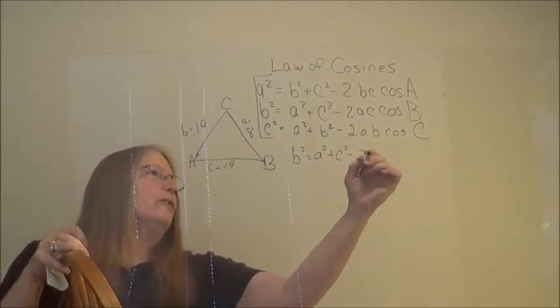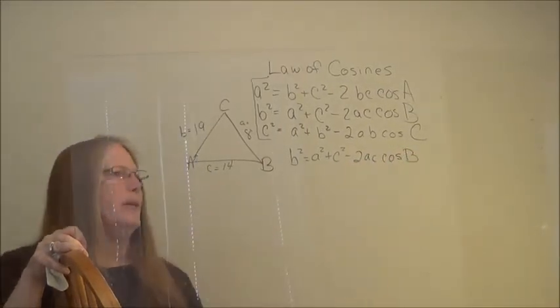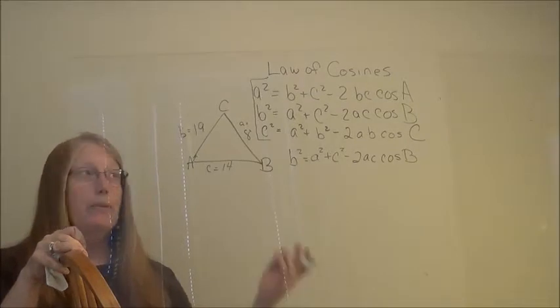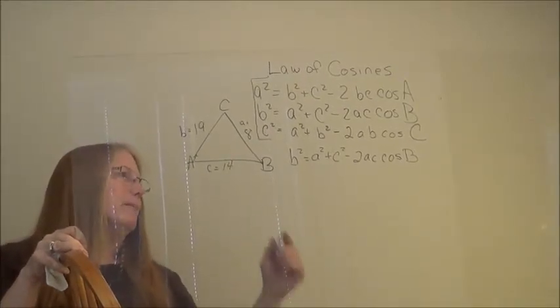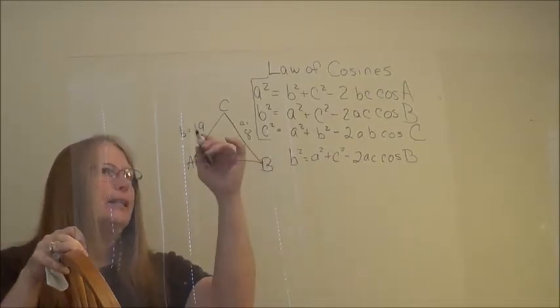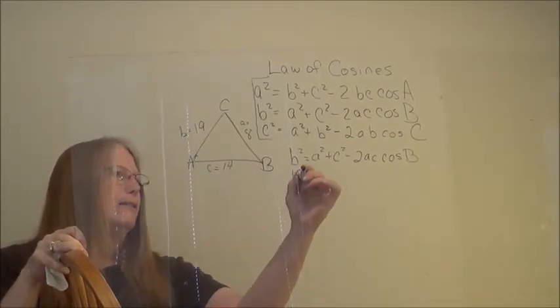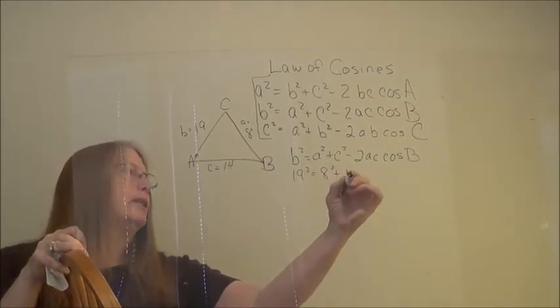After you do your rendition of random choice, come up with one of the 3. It doesn't matter which one. So I picked b squared, and I'm going to put in the numbers. B is 19, A is 8, C is 14.